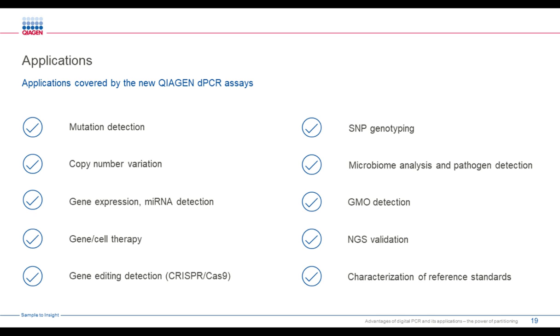Again, the partitioning error comes into play. And that means, and I will come back to that as well, you need to perhaps switch your reference genes. There are also some other applications on this list, but as I said, if you just use your imagination, anything you can extract DNA from, anything you can create an assay for, you can do digital PCR on.